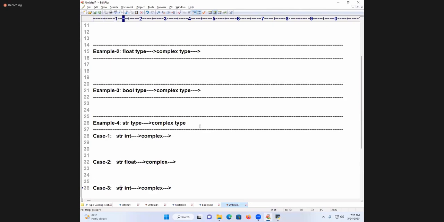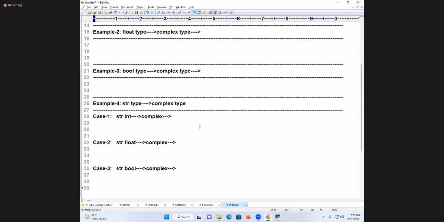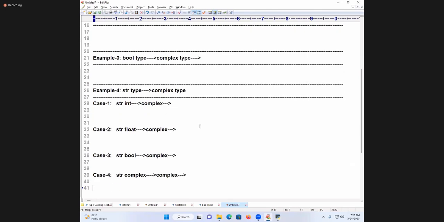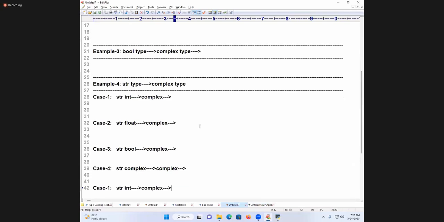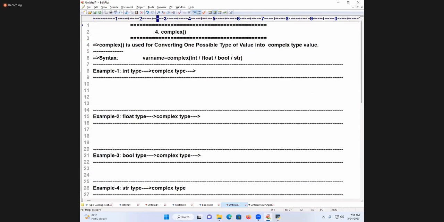Third, STR bool to what? Right. Next, STR complex. Important. Fourth, STR complex. Fifth, pure STR to complex. Let's start with the first thing.